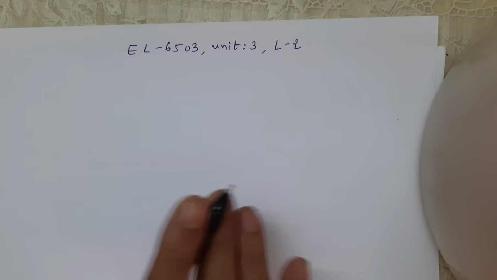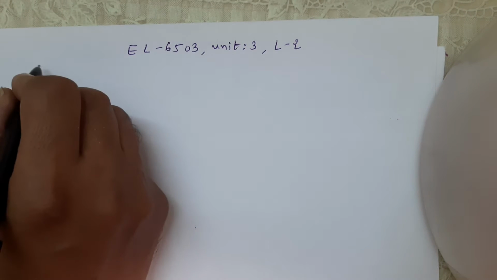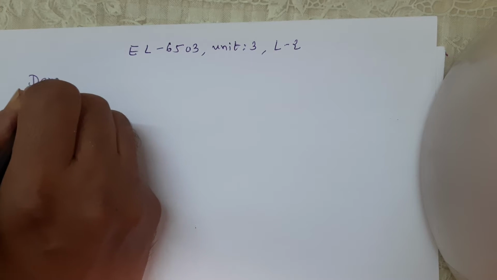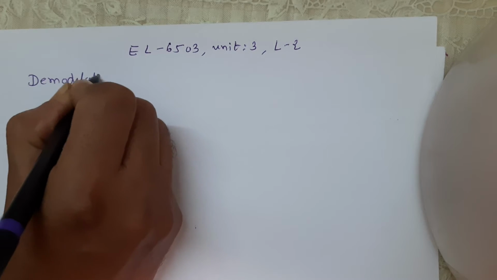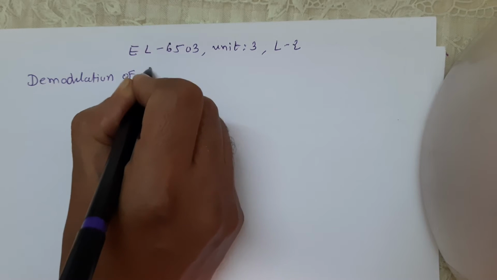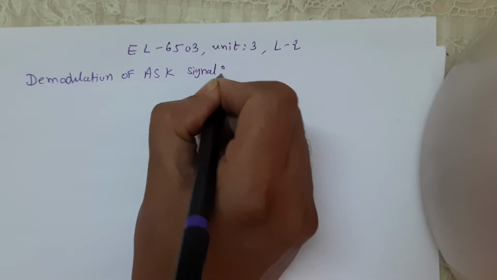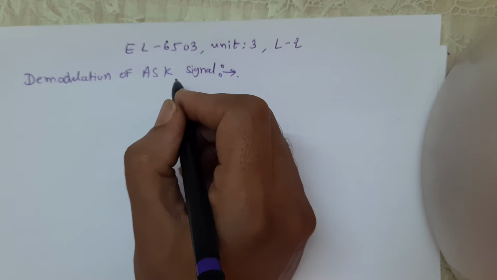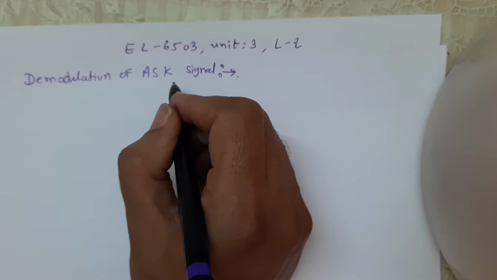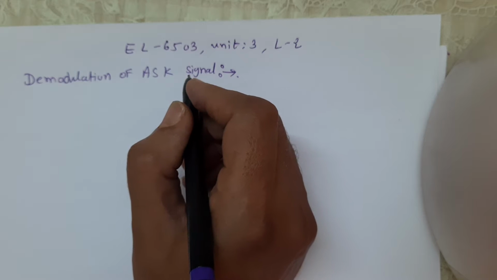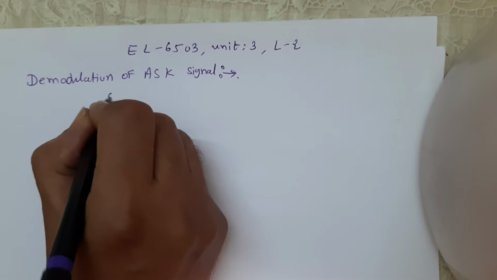For this, it is known as demodulation of ASK signal. The demodulation is also termed as detection. There are two ways in which the message can be demodulated, namely coherent and non-coherent detection.